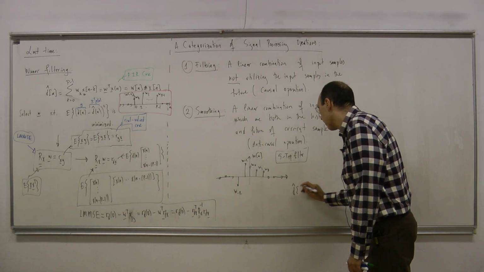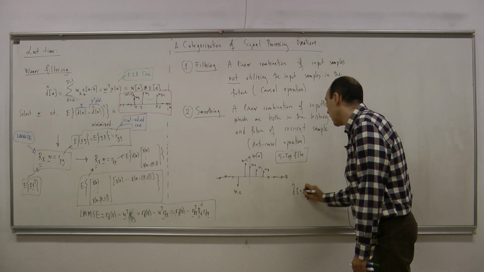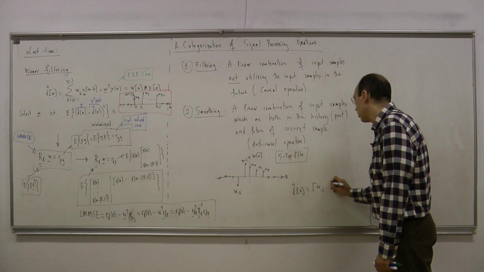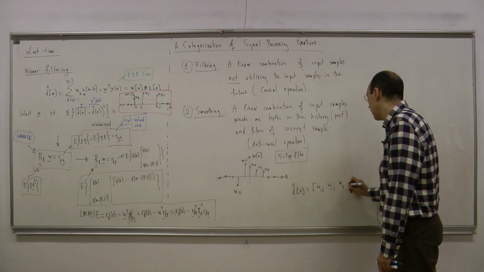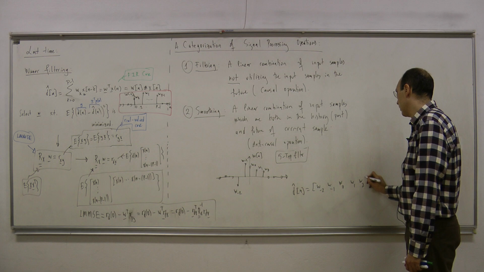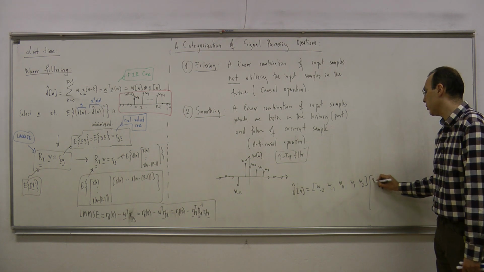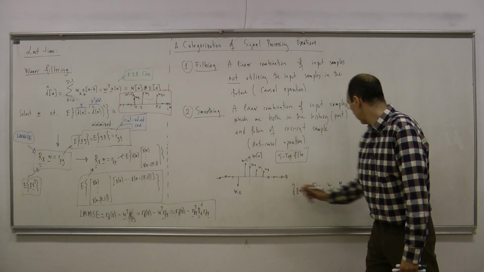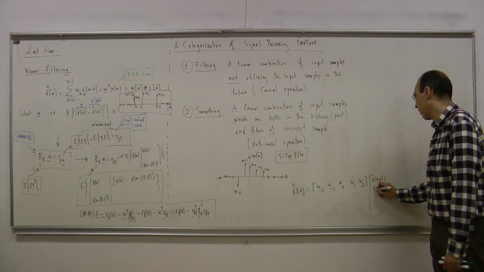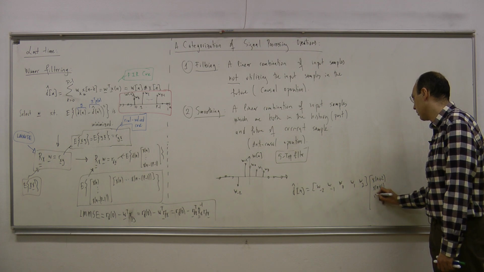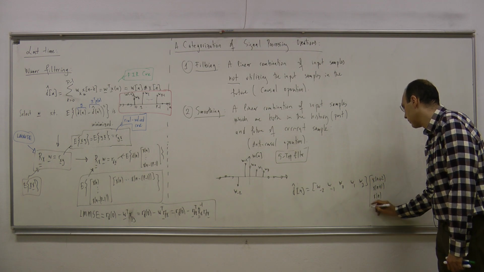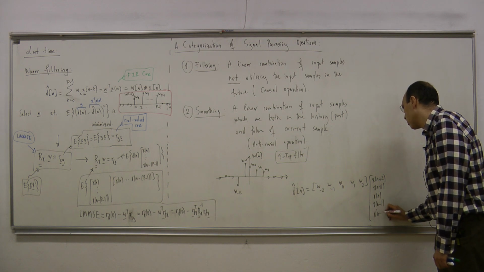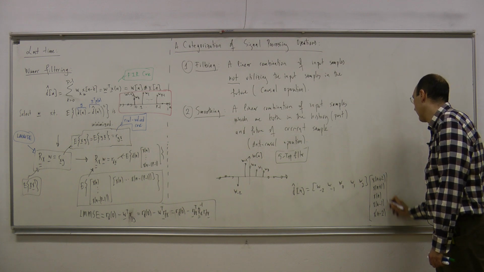Now d hat of n is, so let me write this vector: W minus 2, W minus 1, W0, W1, W2, and a linear combination of x of n plus 2, x of n plus 1, x of n, x of n minus 1, x of n minus 2.